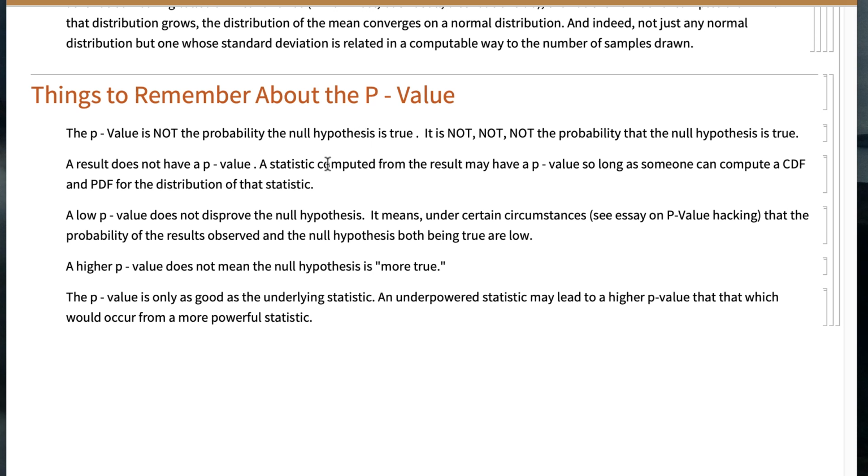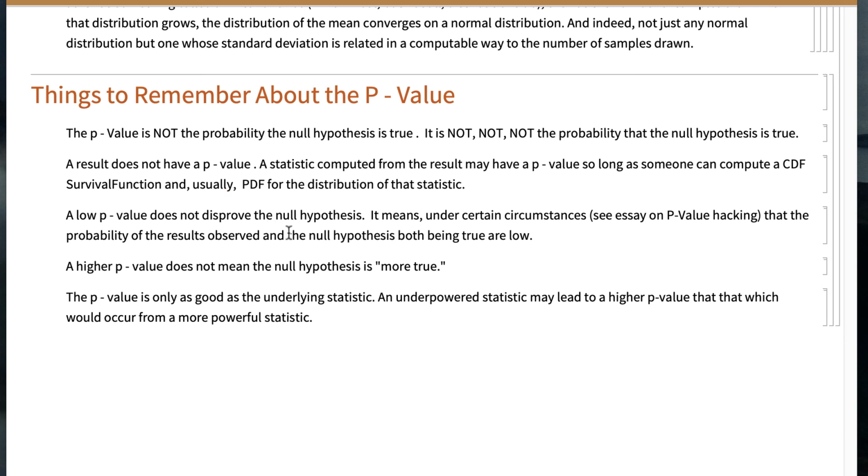A result does not have a p-value. A statistic computed from the result may have a p-value, so long as you can compute a CDF, survival function, and usually a PDF for the distribution of that statistic. A low p-value doesn't disprove the null hypothesis.